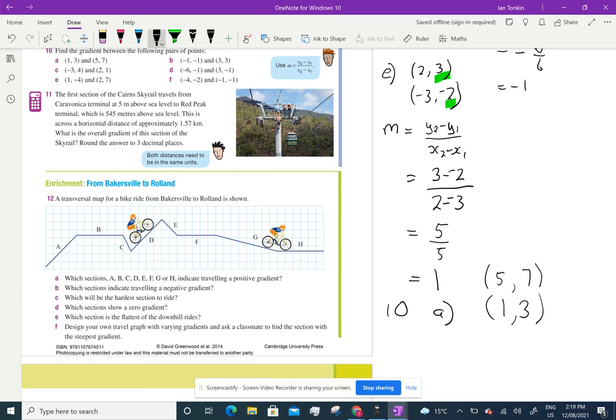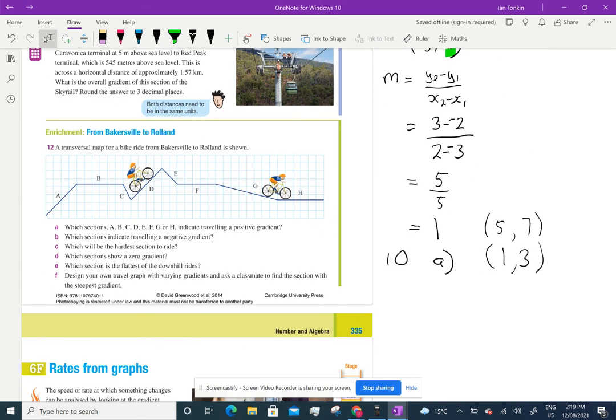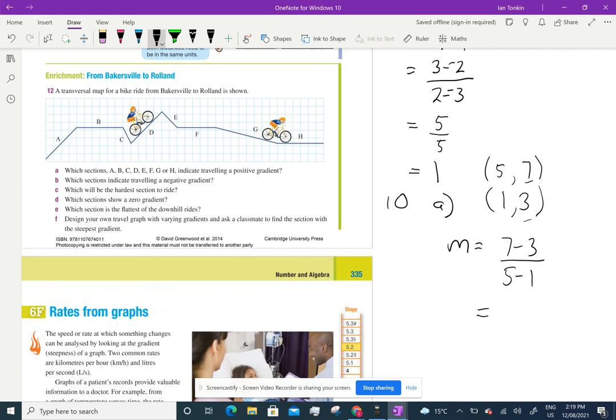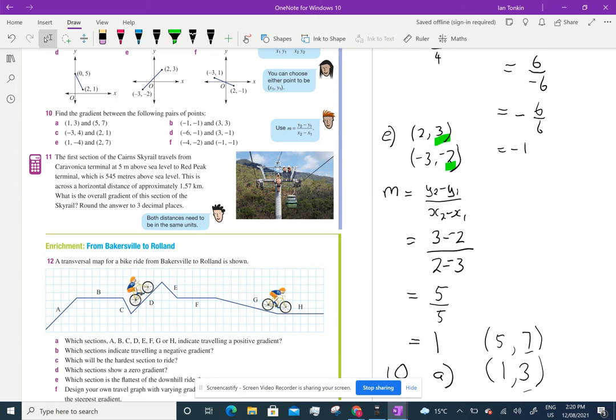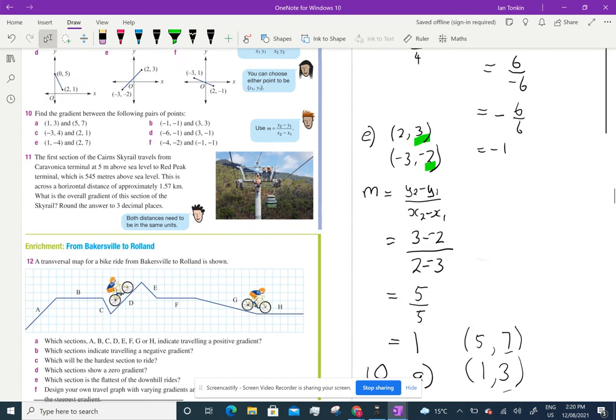It doesn't matter which order you do it, it will pop out the same. The gradient, subtract the y values, 7 minus 3. Subtract the x values, 5 minus 1. 7 minus 3 is 4, 5 minus 1 is 4. That has a gradient of 1. I don't need to plot the points, I don't need to draw a triangle, I just need to write the points and use a formula.